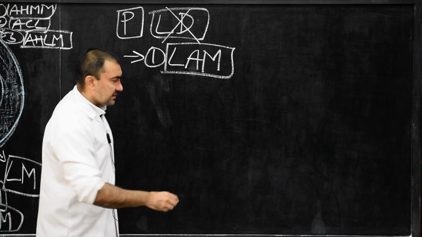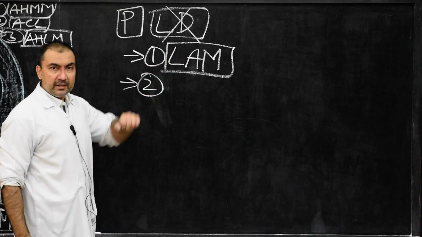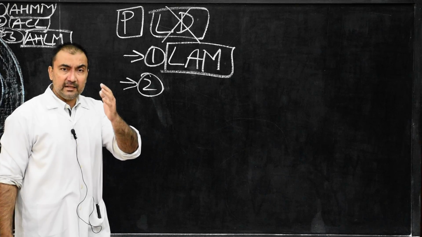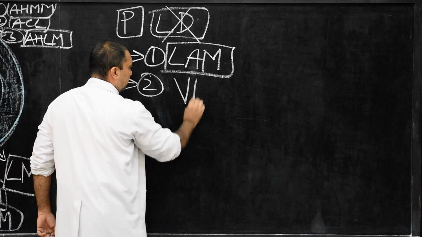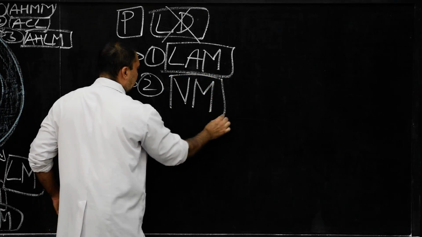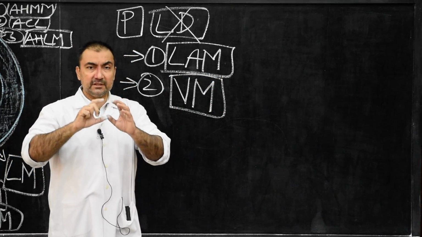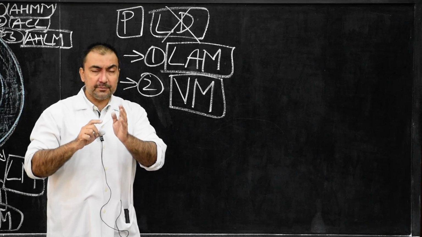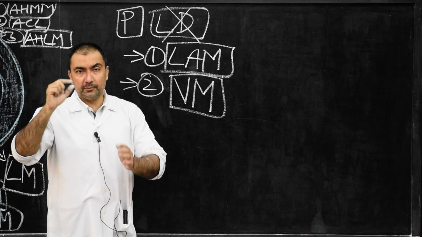Which is the second factor? The second factor is muscular. As the first is Bonney factor, the second is muscular factor. That muscular factor will be the attachment of vastus medialis muscle. The vastus medialis muscle is attached on the medial upper two-third of the margin of the patella, medial border of patella, upper two-third, whereas the vastus lateralis will be extended only in the upper one-third of the lateral border of patella.